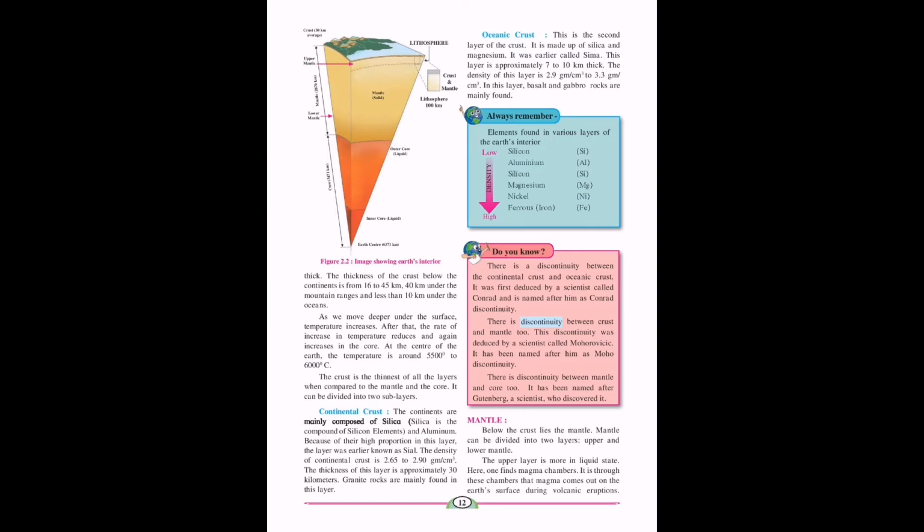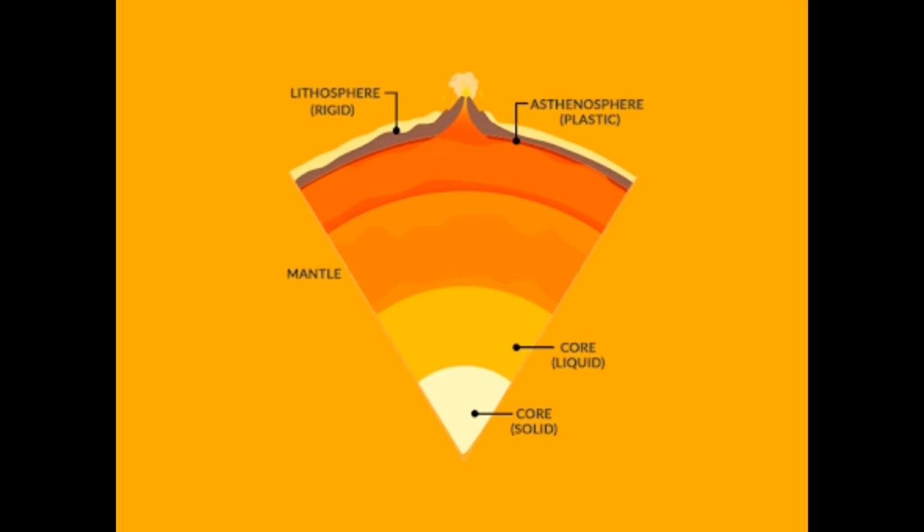Yes, now look at your screens, children. You can find an orangish part on your screen which is named as asthenosphere. Yes, and this asthenosphere has the magma chambers within, from where the magma is erupted out during the volcanic eruption.